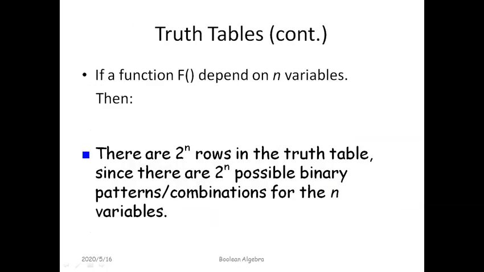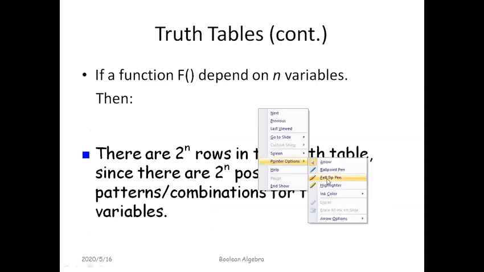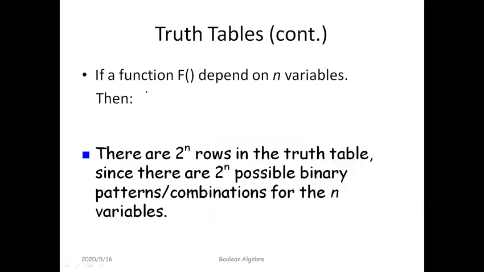So now there's this important statement that we need to remember. If a function f depends on n variables, then there are 2 raised to the power n rows in the truth table, since there are 2 raised to the power n possible binary combinations for the n variables.